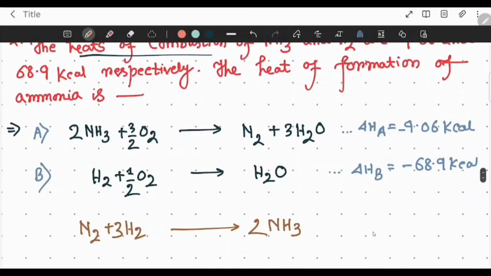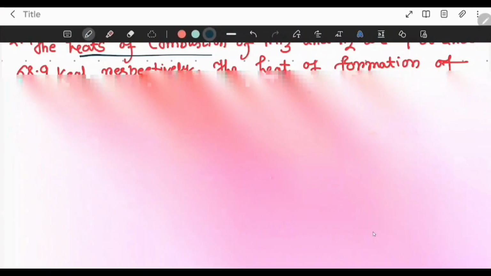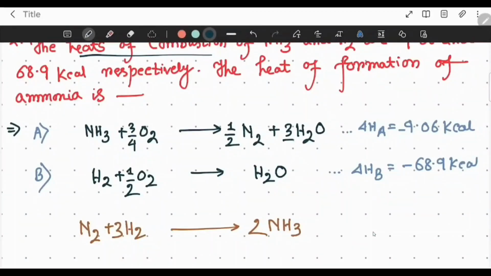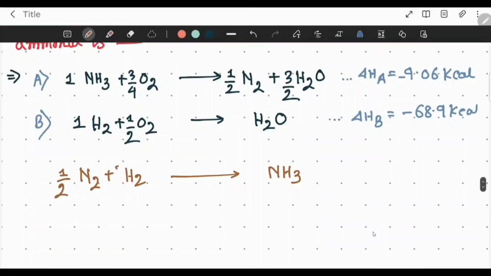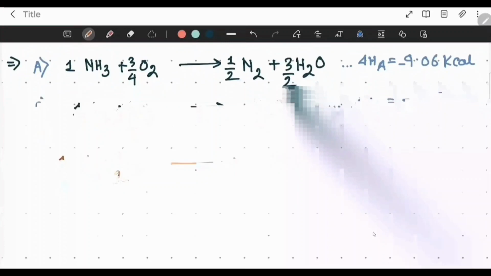To make 1 mole, it should be 1, so we divide by 2. So it will be 3 by 2 for hydrogen and half for nitrogen.